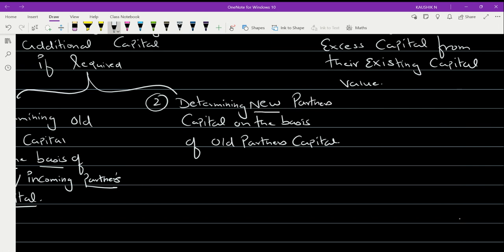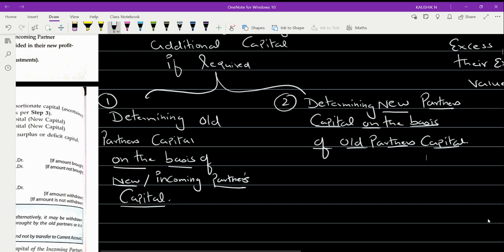So new partner's capital on the basis of old partner's capital, and here the reversal of that: determining old partner's capital on the basis of new or incoming partner's capital. Any doubt up to this?